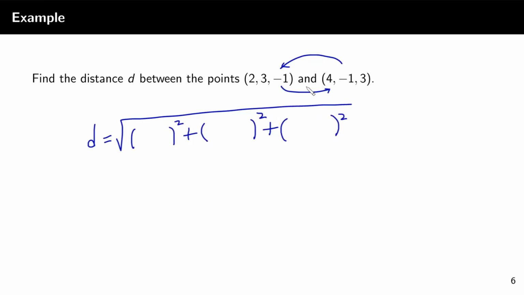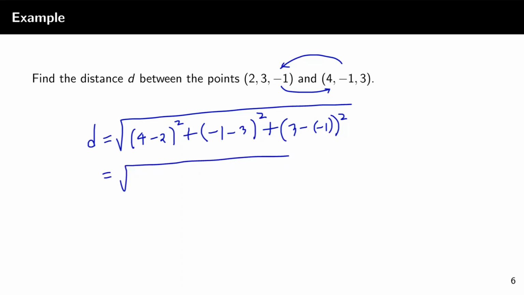So suppose ito yung gagamitin natin. So 4 minus 2 squared, and then negative 1 minus 3 squared, then plus 3 minus negative 1 squared, and then let's just simplify it.